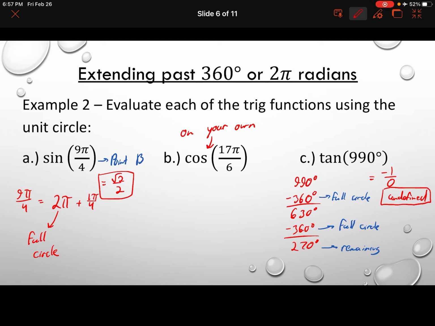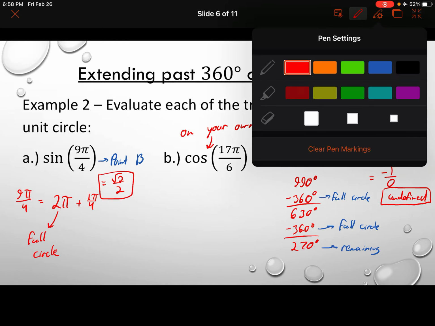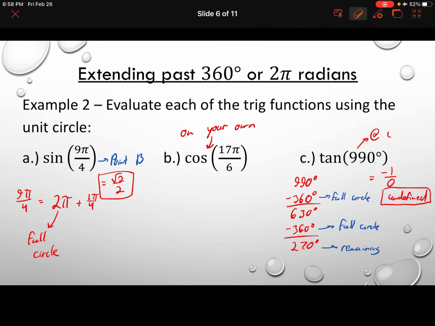Nothing necessarily new here. We're just going an extra step in terms of evaluating the trig functions after determining which point we're at.